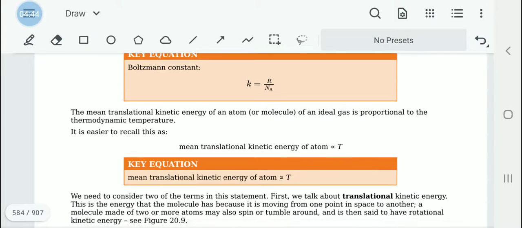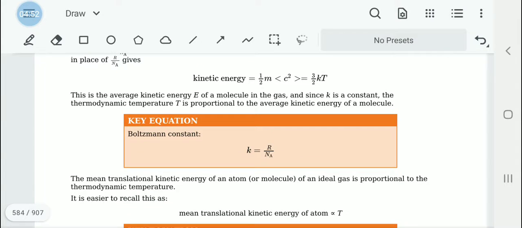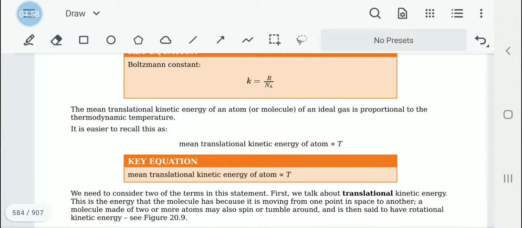Then Boltzmann constant multiplied by Avogadro constant would give you R. That is another connection that you can figure out. So the mean translational kinetic energy, I apologize, the mean translational kinetic energy, that is the kinetic energy that has the ability of conversion, is proportional to the thermodynamic temperature.